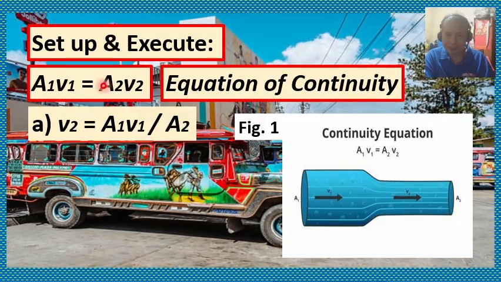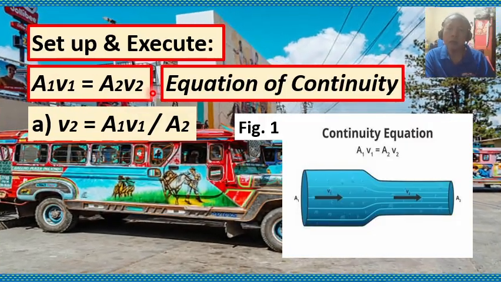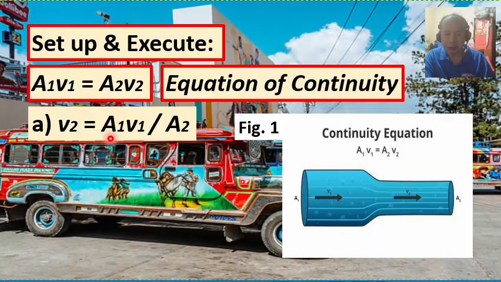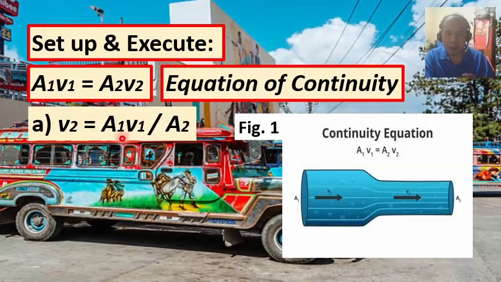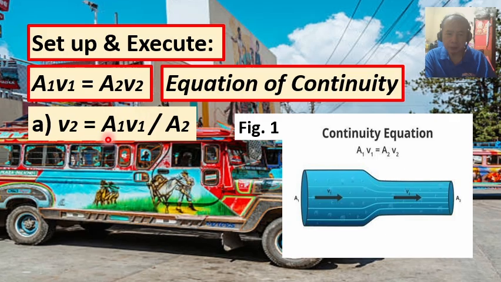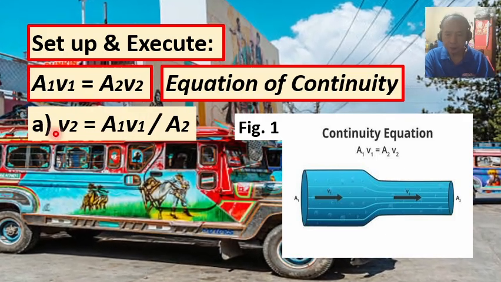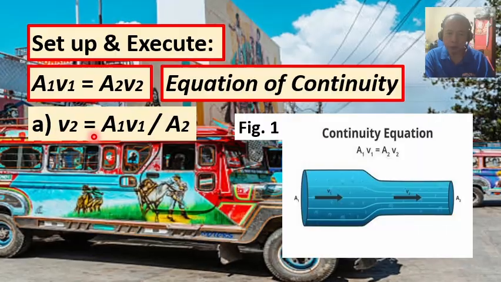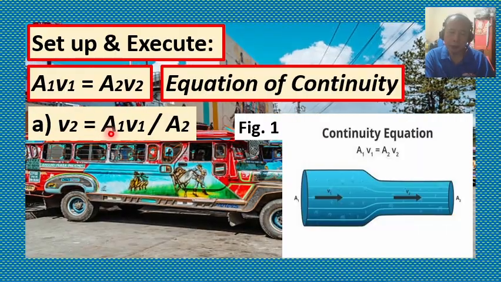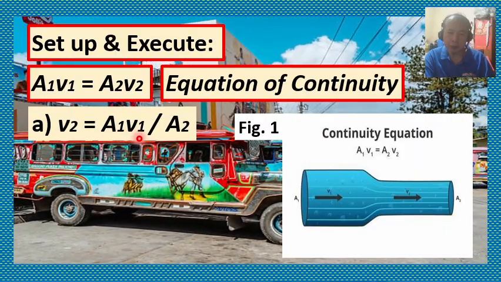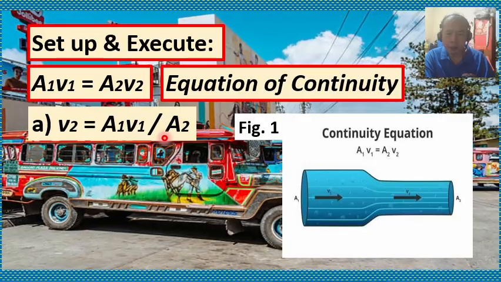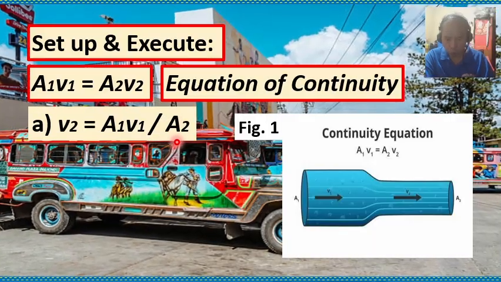So when we isolate V2 from this original equation of continuity, we come up with this working formula, where V2 is equal to the product of capital A sub 1 times V sub 1 divided by capital A sub 2.